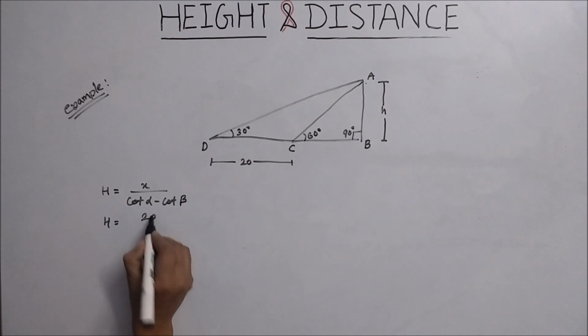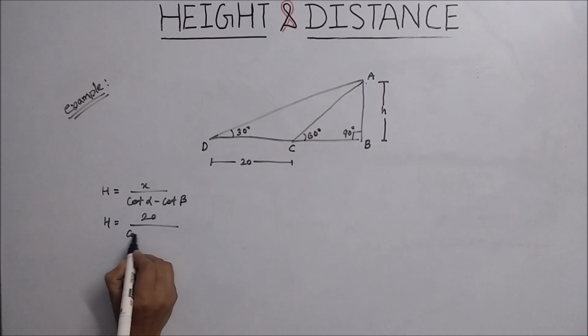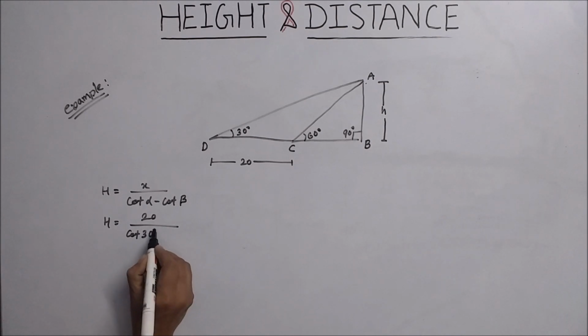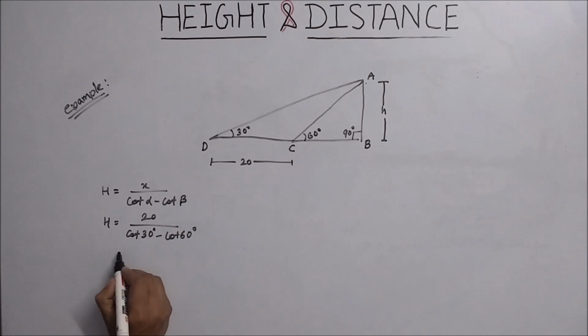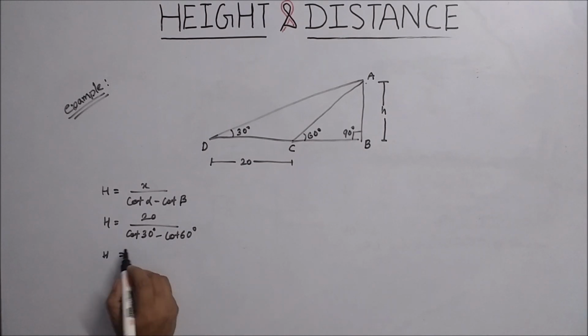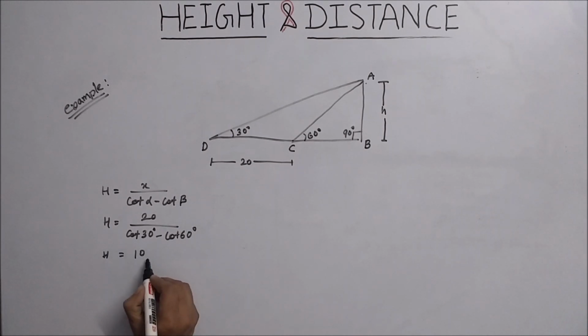Here x is 20, cot 30 degree minus cot 60 degree, and you will get the value of height is equal to 10 root 3.